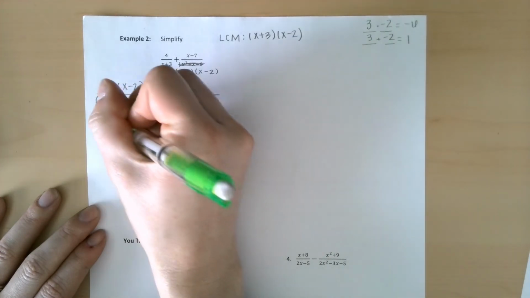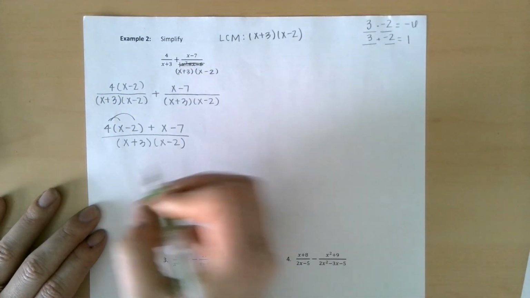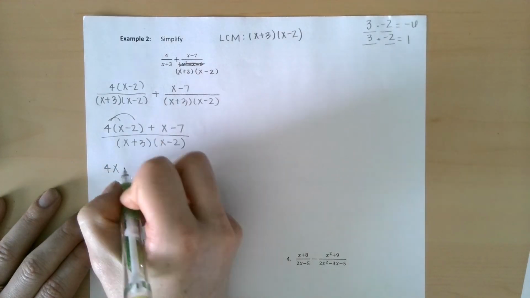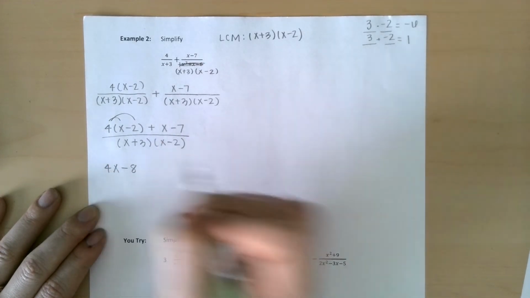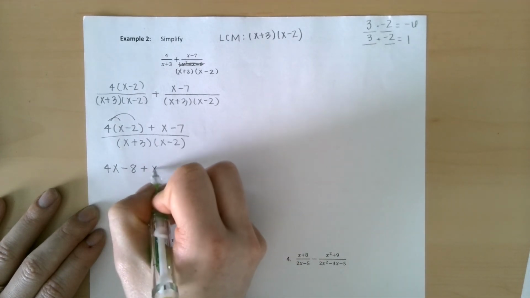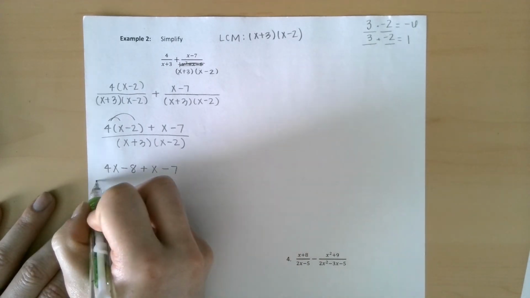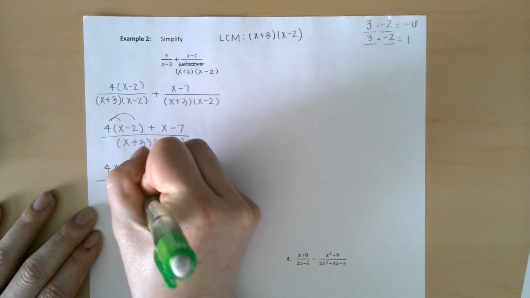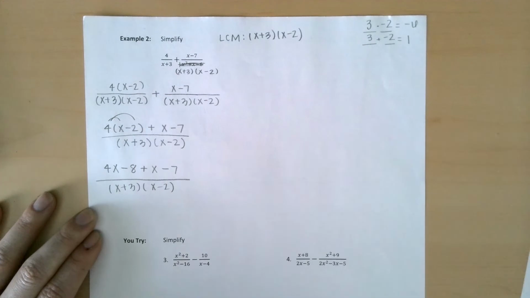Simplifying on the top, I should start with distributing this 4. So I have 4x, 4 times negative 2 is negative 8. Nothing to distribute over here, so I'm just going to leave the plus x and minus 7. This is still all over x plus 3, x minus 2.